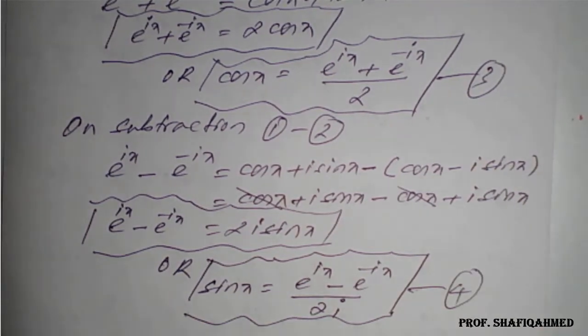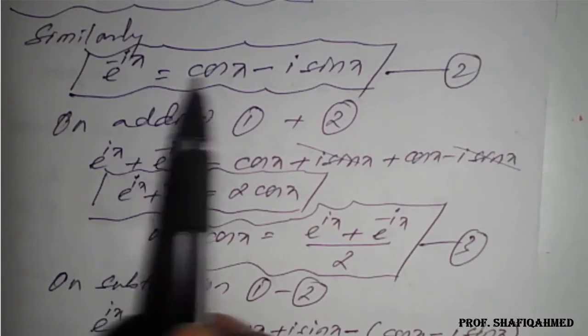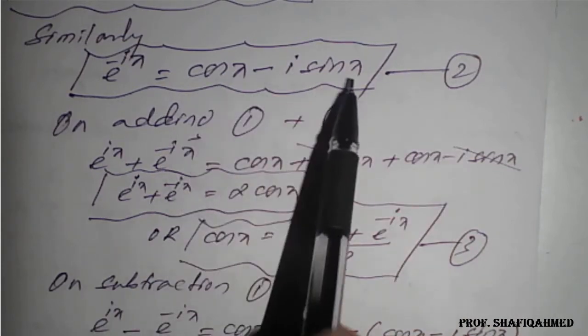You have to remember these, as it is one of the very basic concepts of complex functions, and these are the most useful formulas. z is equal to x plus iy, and z bar, the conjugate, is x minus iy. Then e raised to ix is cos x plus I sin x. Then e raised to minus ix, that is result number 2, is cos x minus I sin x.